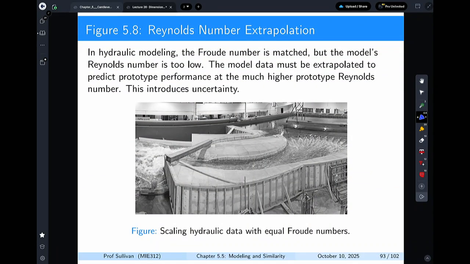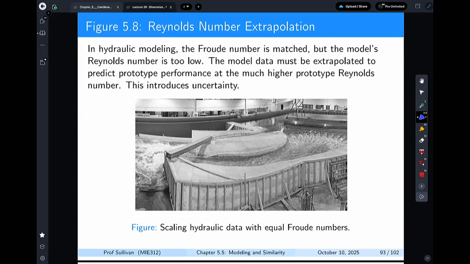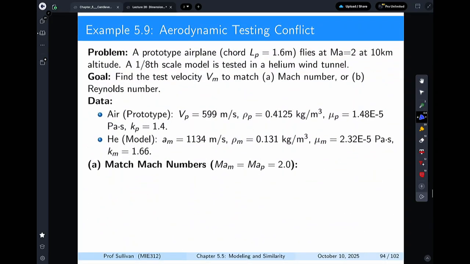So in hydraulic modeling, Froude number is matched, and the Reynolds number is often too low. We can't match it for ships, we can't match it for flows, and model data has to be extrapolated to predict prototype performance. And it introduces some uncertainty. So the way you get around it often is to say, I have a bit of experience in this area, and this is how I'm going to translate that up.